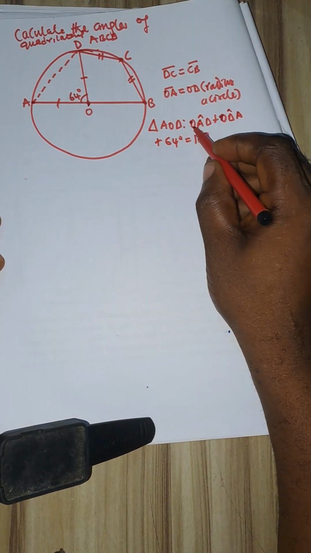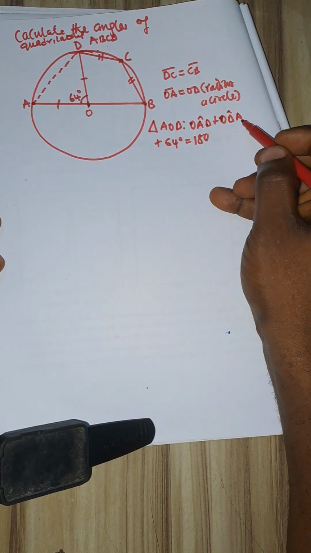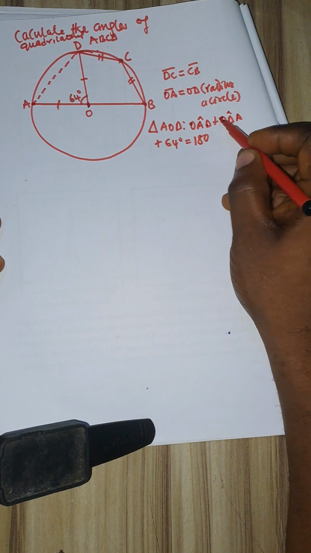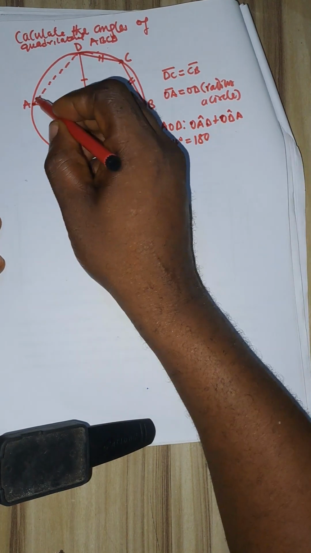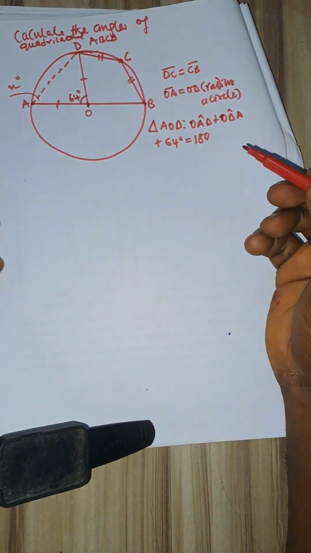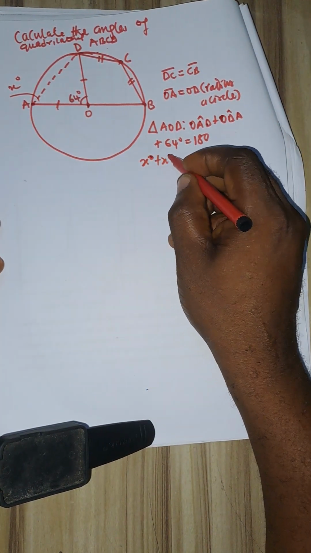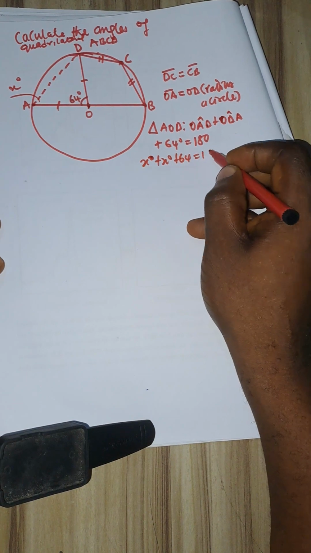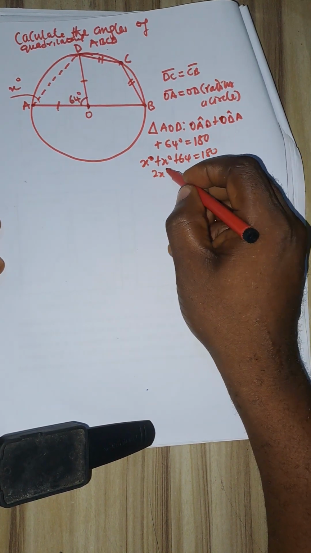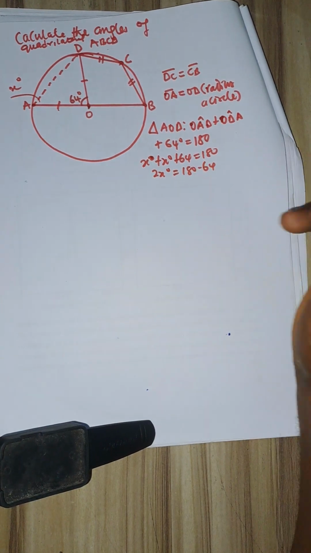But OAD equals ODA, okay? So if we call them X degrees, it means that X degrees plus X degrees plus 64 is 180 degrees. So 2X degrees is 180 minus 64, okay?